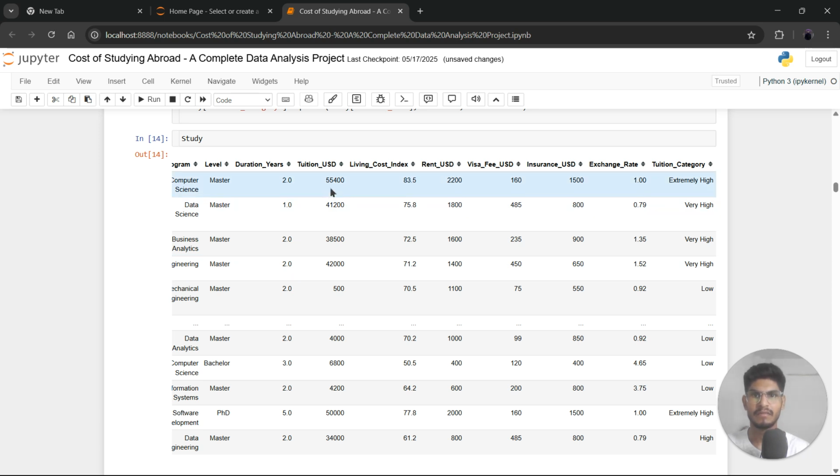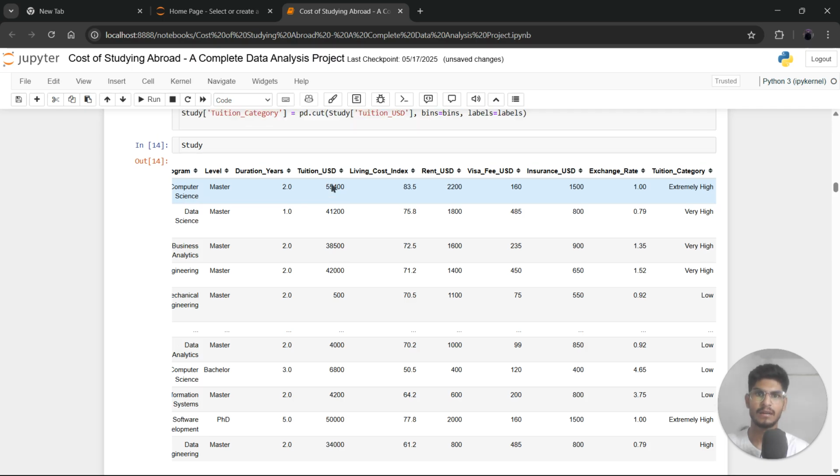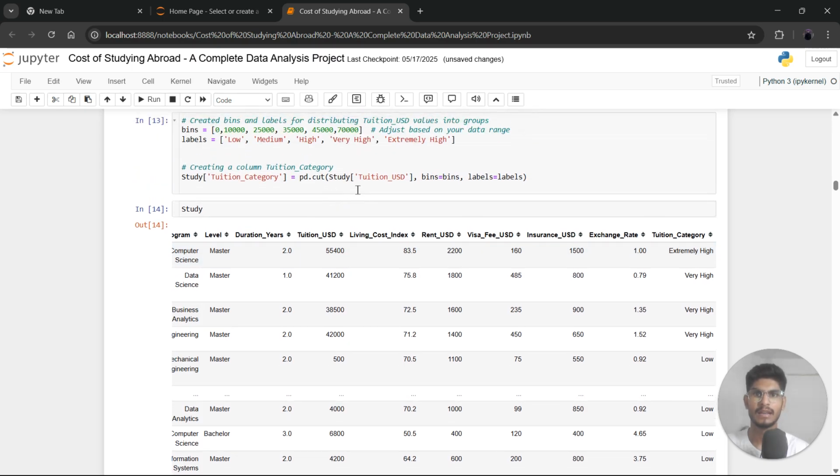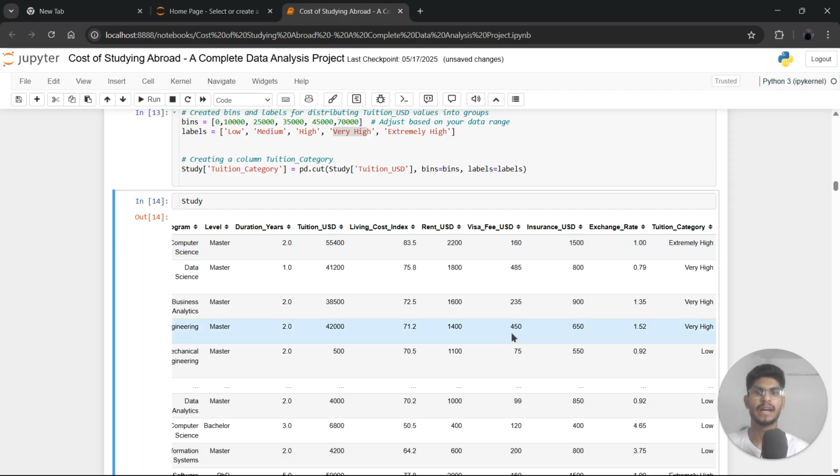Now if the value is more than 50,000 but less than 70,000, it is extremely high. A value of 55,000 means the tuition fees are extremely high.